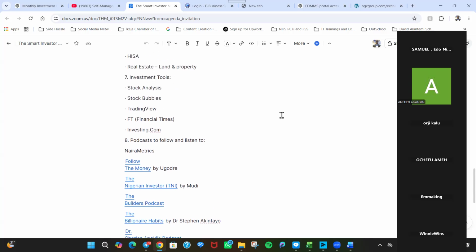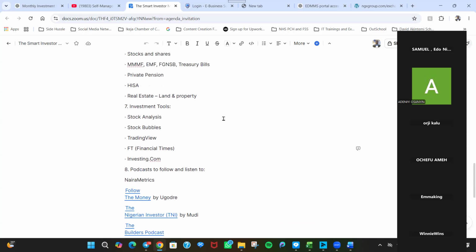So number 7, investment tools. Well, I've already mentioned stock analysis, so I'm not going to open it again. I've mentioned stock bubbles, TradingView, Financial Times, and investing.com. All these investment tools, which you can also call websites, they do exactly the same thing.